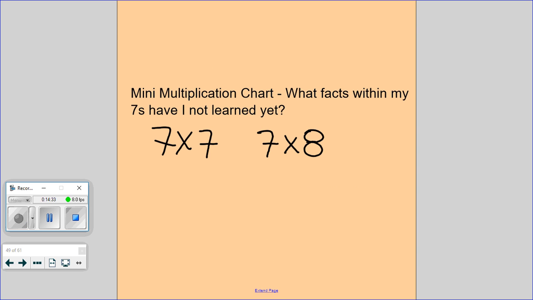Alright, so we have 7 times 7, 7 times 8, and 8 times 7. Turn back to the page that we were just working on, because we're going to figure these out. I have 3 different equations. Does this mean I have to figure out 3 different problems? Look carefully at what I've got. No. I have 3 equations.